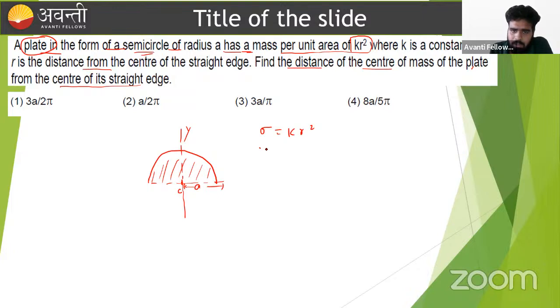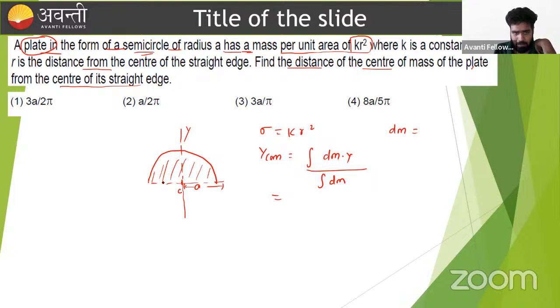So the basic formula of the center of mass, we know, is the integral of dm times y divided by the integral of dm. I hope this is clear for everyone. What is dm? If sigma is given, dm is the mass of a small element.